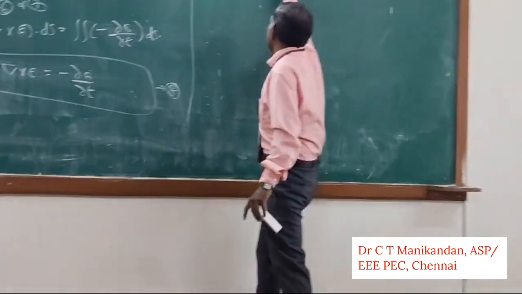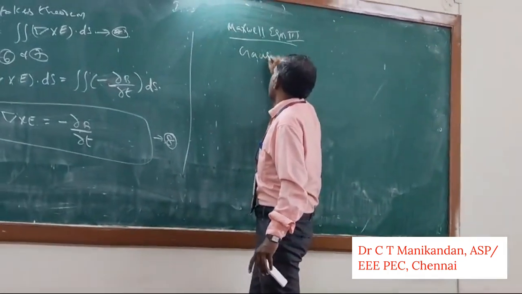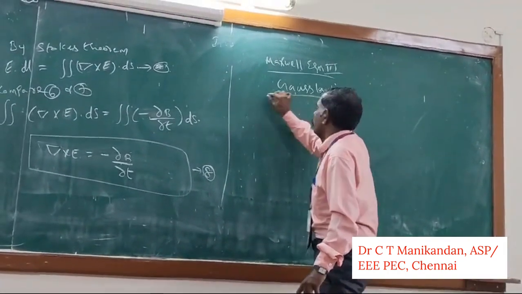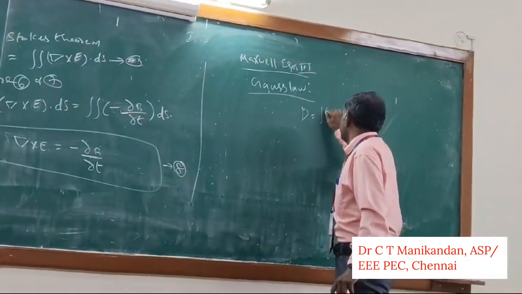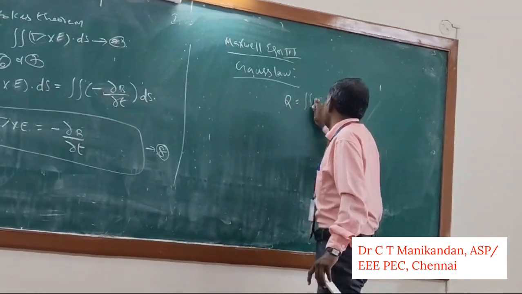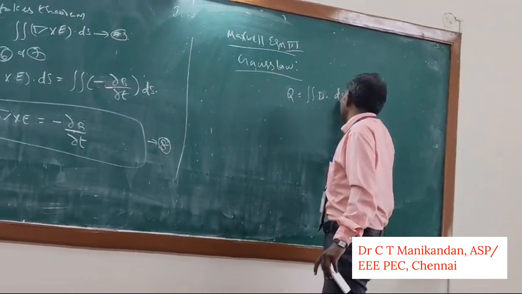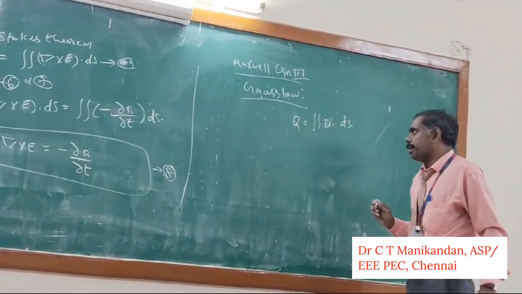Next we can go for Maxwell's equation 3. This is from Gauss law. All of you will know about Gauss law. From Gauss law we know that Q equals the surface integral of D dot ds, the flux density over a closed surface equals the charge enclosed.